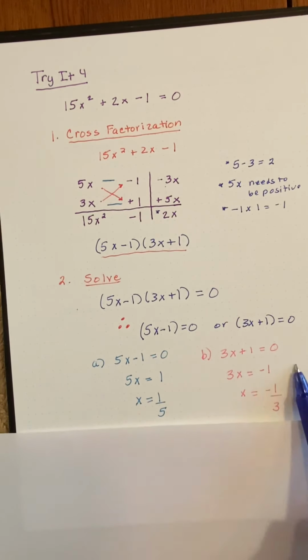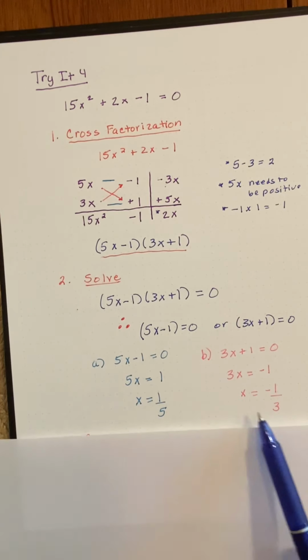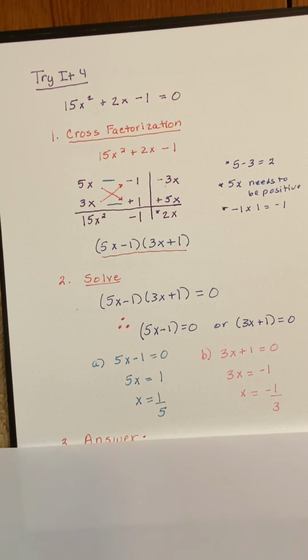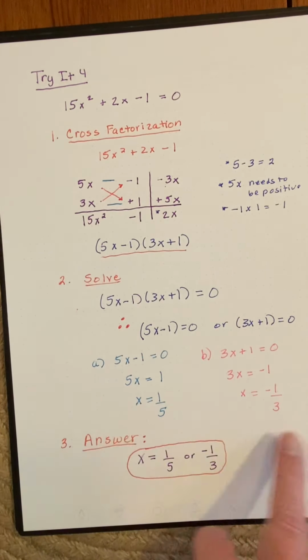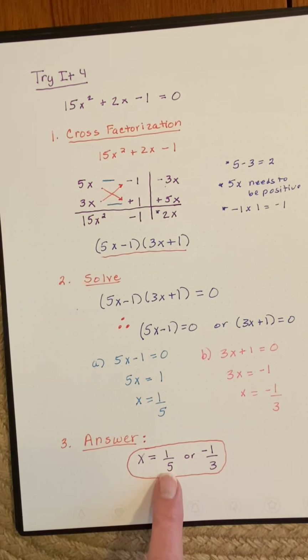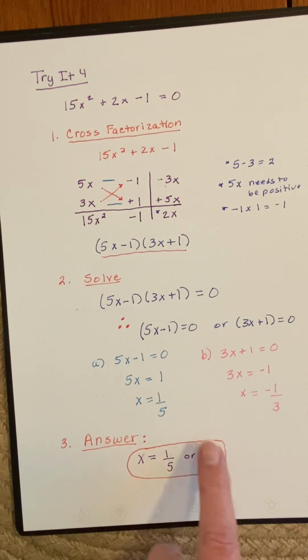Here, I subtract 1, divide through by 3 to get x by itself. Now, therefore, my answer is one or the other. So x is going to equal 1/5 or -1/3. And that is how we answer the solution to solving for a quadratic equation where we have one variable, x.